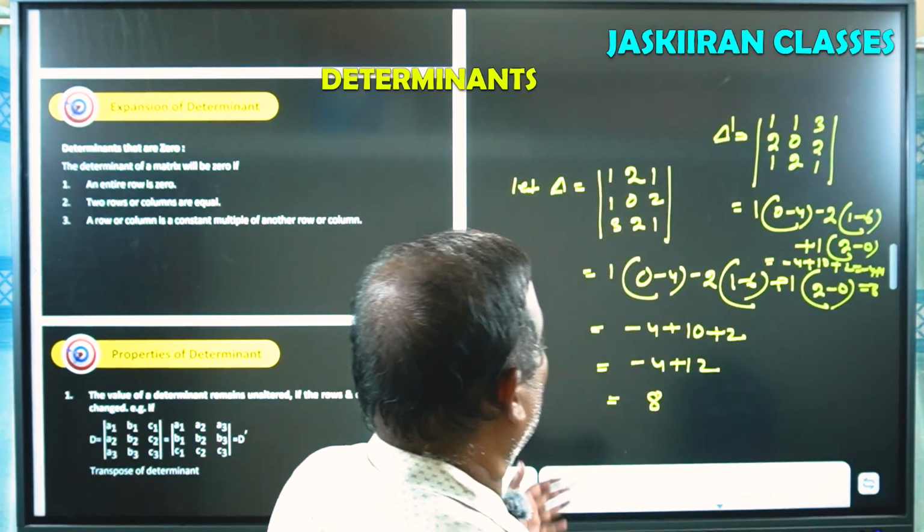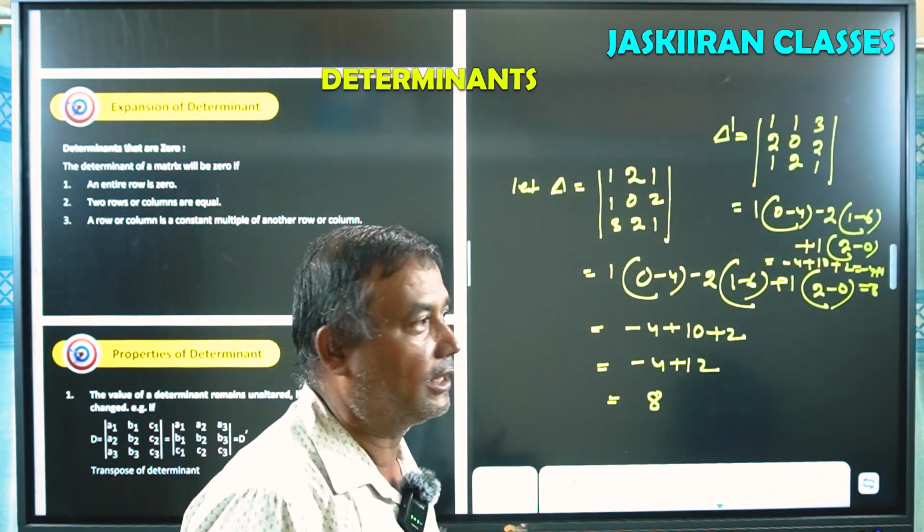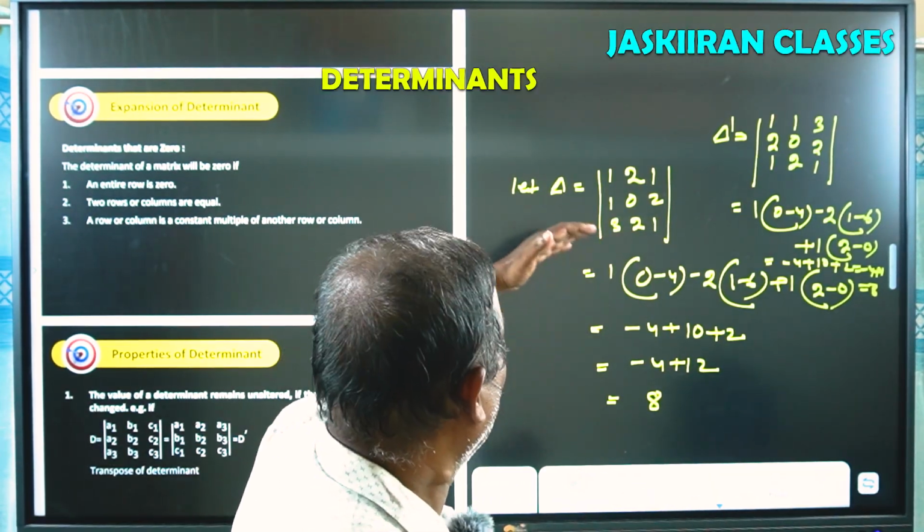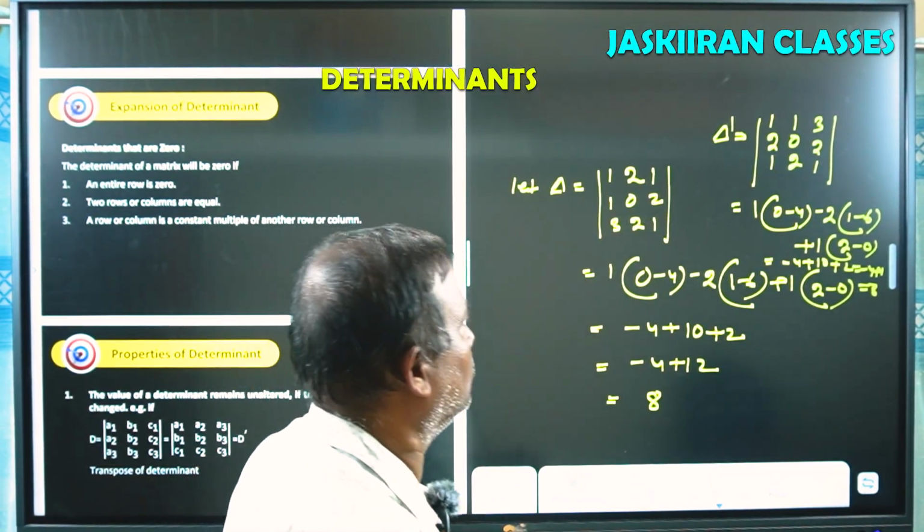So this property says that the value of the determinant remains the same if we interchange rows into columns or columns into rows.